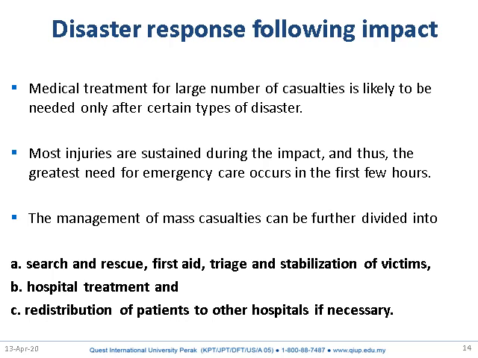The management of mass casualties can be divided into three. What are they? Search, rescue, first aid, triage, and stabilization of victims. First, search for and rescue the people who need immediate rescue and treatment.